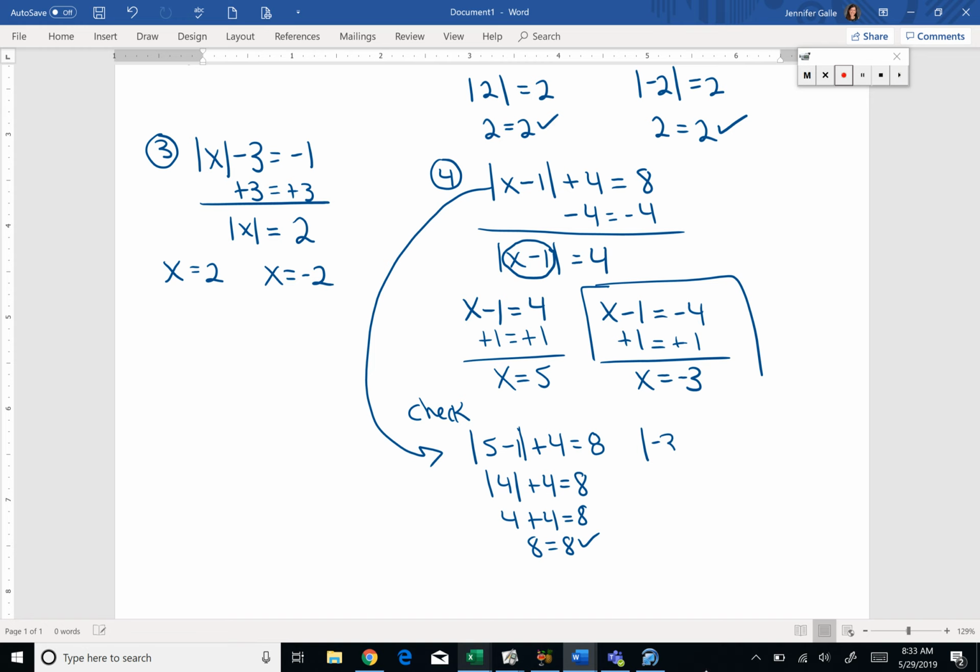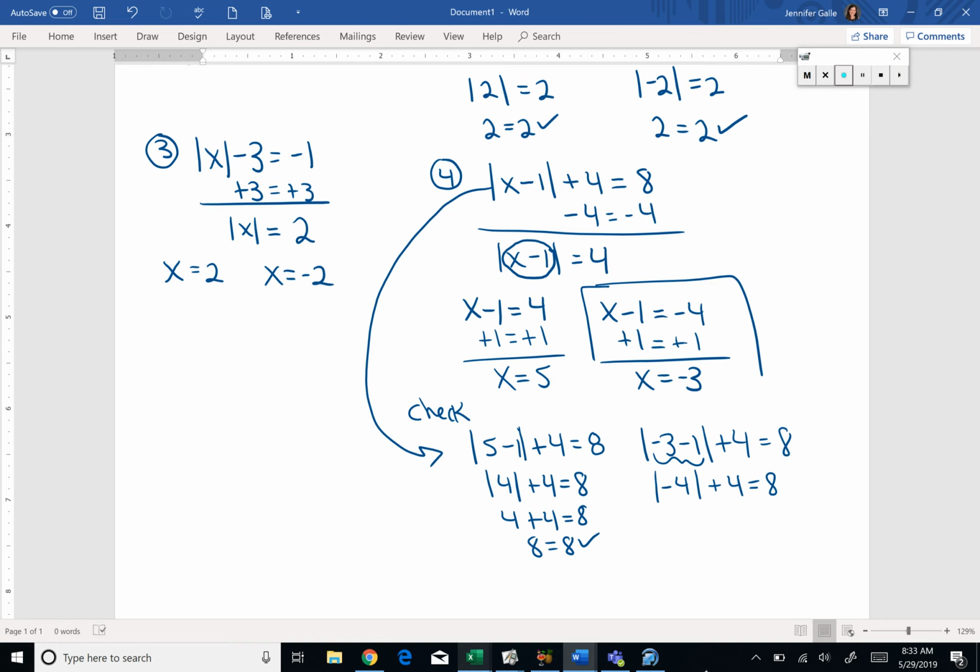In for x goes negative 3. I have to do the subtracting inside the bars first before I can do the absolute value. So negative 3 minus 1 is negative 4. And remember, just because I did the subtraction doesn't mean the absolute value bars are gone. They're still there. I didn't find the absolute value yet.